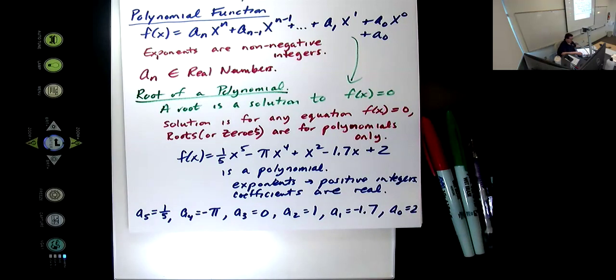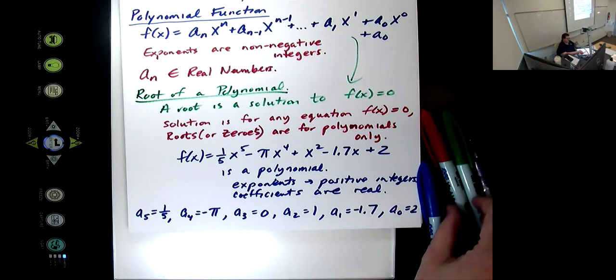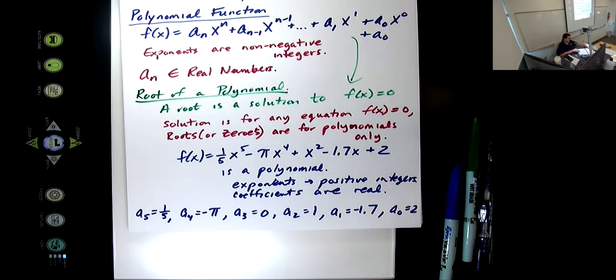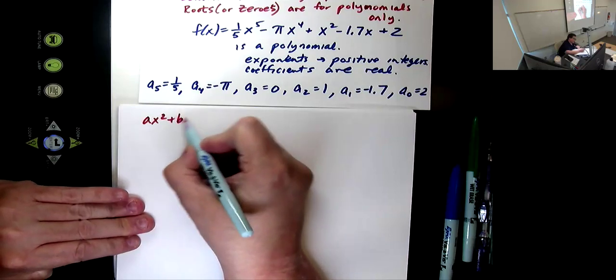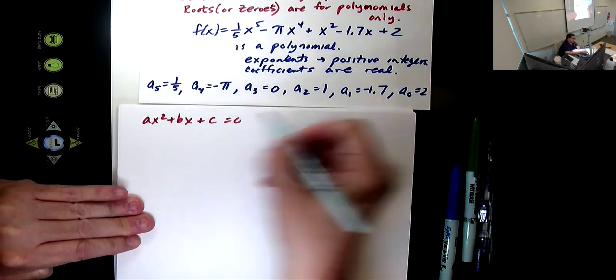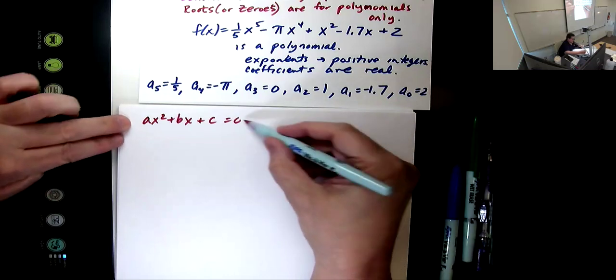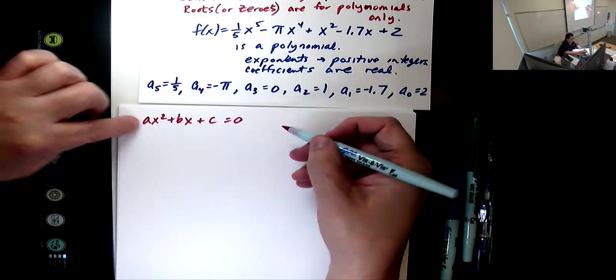This a sub i business, whatever the subscript is, isn't really important. I just wanted you to understand why we have these subscripts. And the reason is, from the quadratic formula, we're used to a going with x squared, then b, then c.